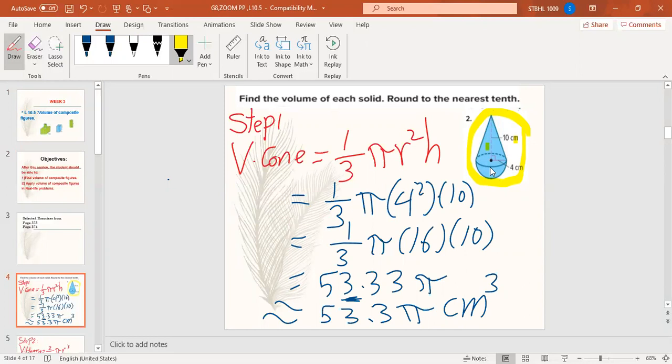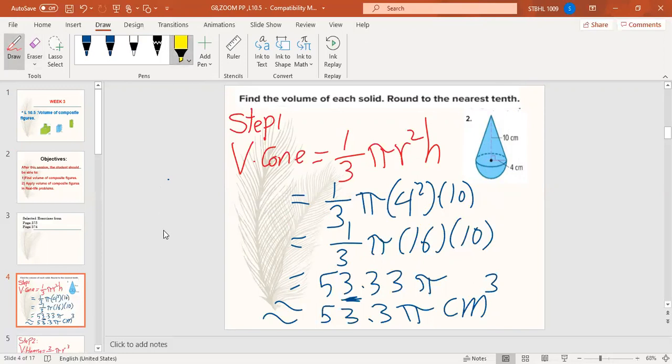So a cone and a hemisphere have been composited with each other. To find the volume of the composite solid, we need to find the volume of each solid separately.